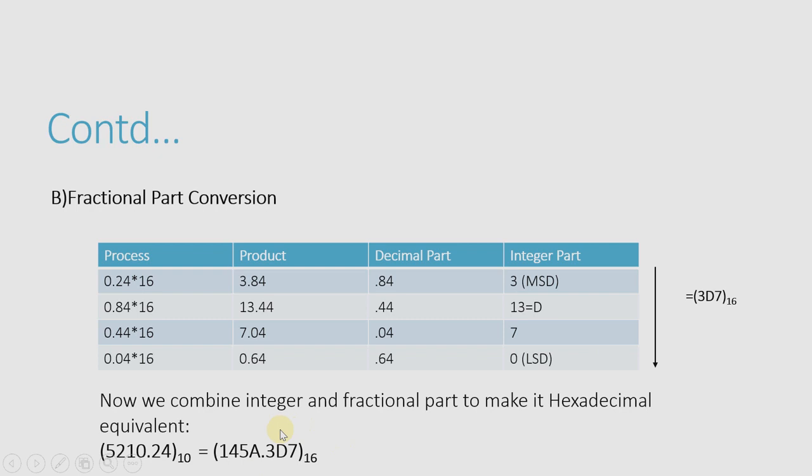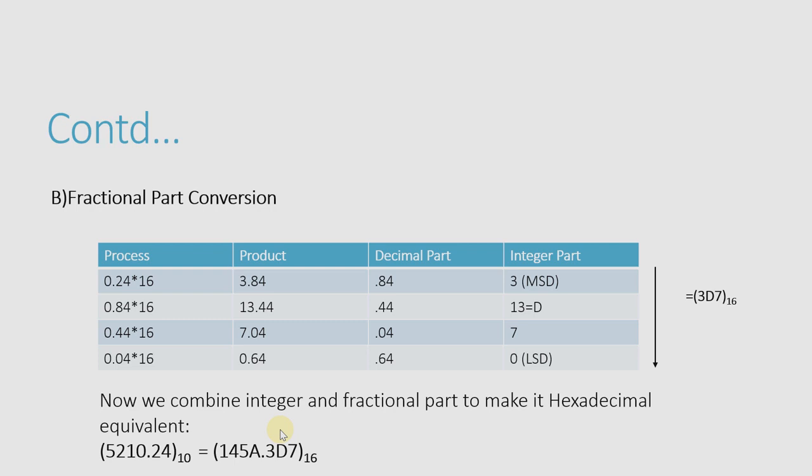So what you have to remember is, whenever a question comes like how to convert the decimal into other bases, whether decimal to binary, decimal to octal, or decimal to hexadecimal, you have to focus on two things: you have to solve first the integer part and second the fractional part. In the integer part you have to do the division process, and the division is always by the base you want to change into.